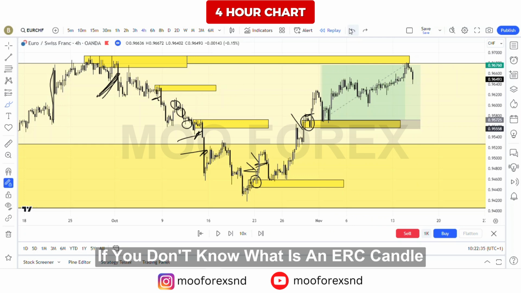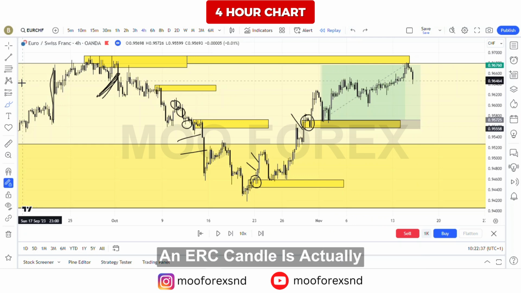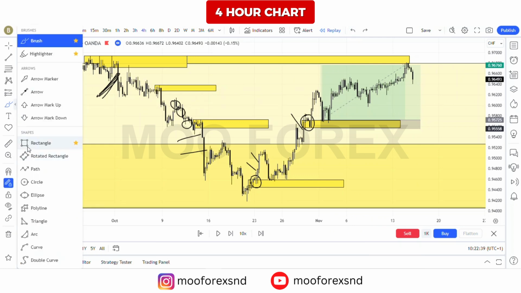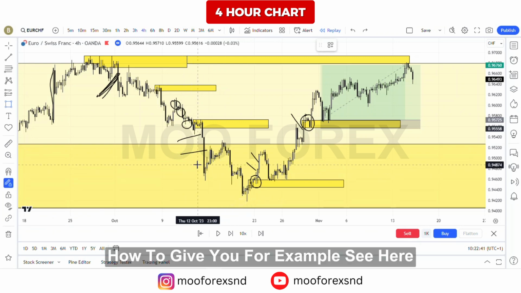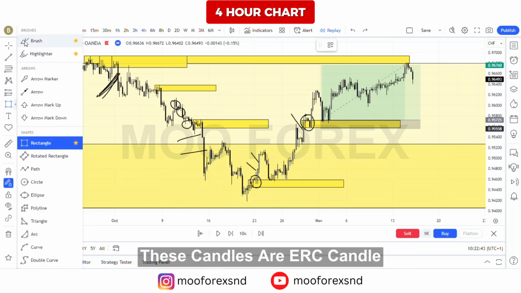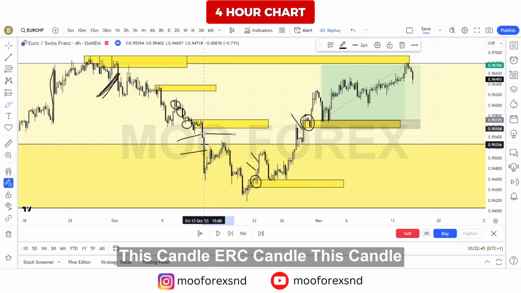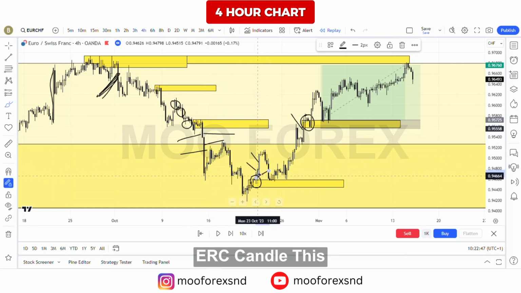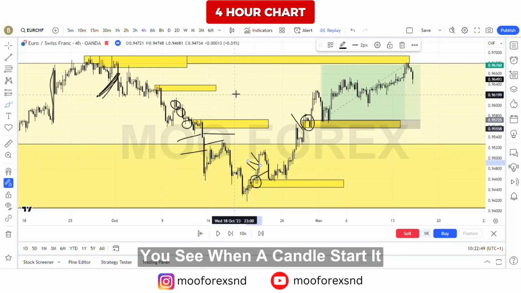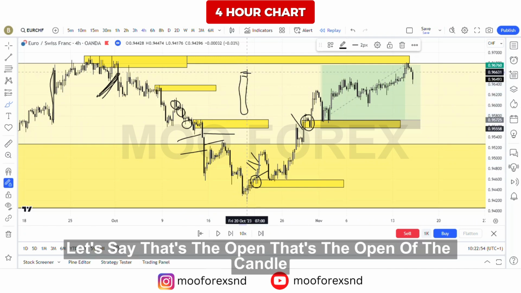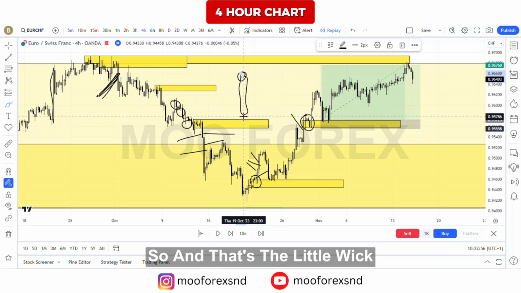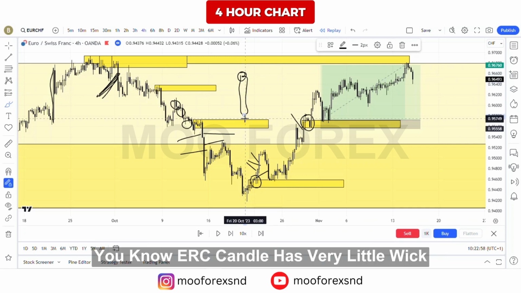If you don't know what an ERC candle is, let me explain. For example, see here, these candles are ERC candles. When a candle starts, let's say that's the open of the candle, and that's the little wick. An ERC candle has very little wick.